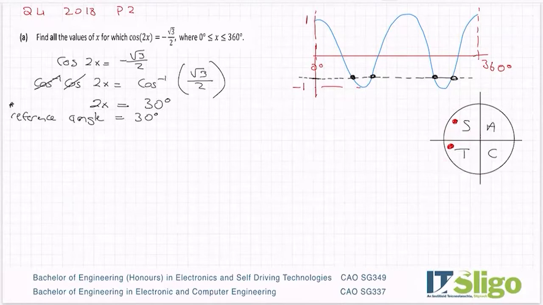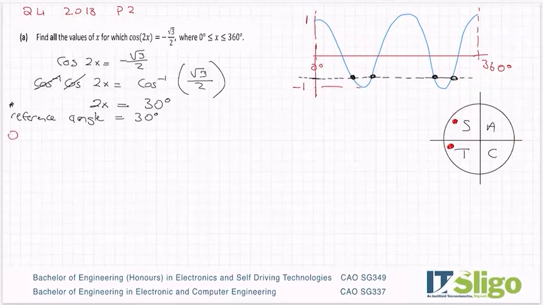Okay, so therefore, this is where the reference angle comes into play. So our reference angle is always with reference to the x-axis, okay? So what you do is you come back an angle of 30 degrees if you're in quadrant 2, okay?